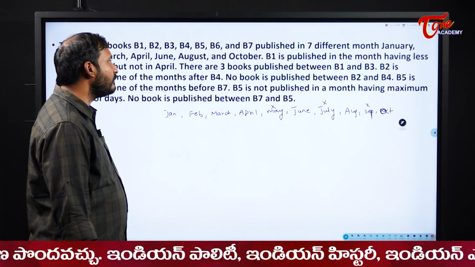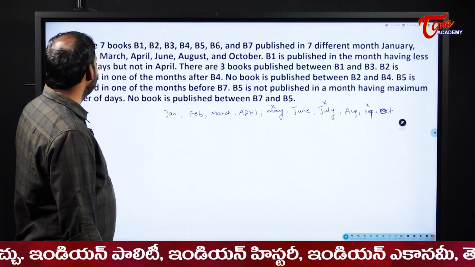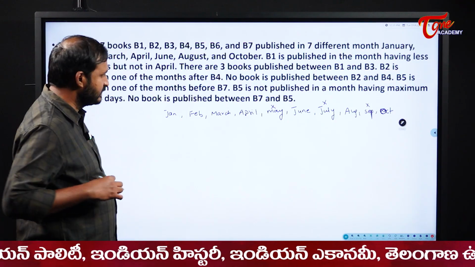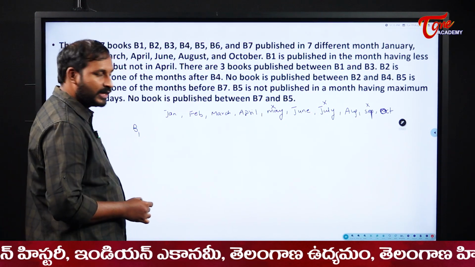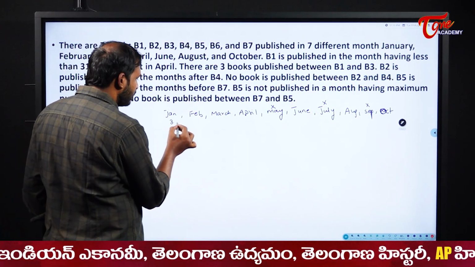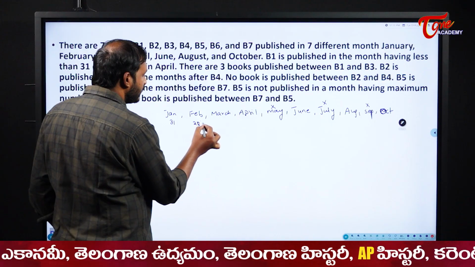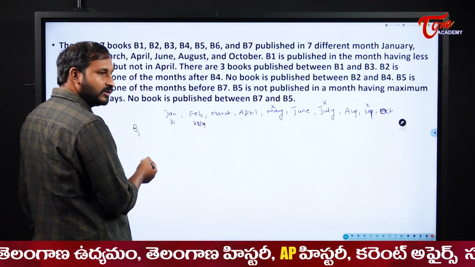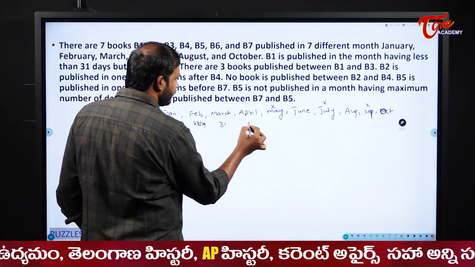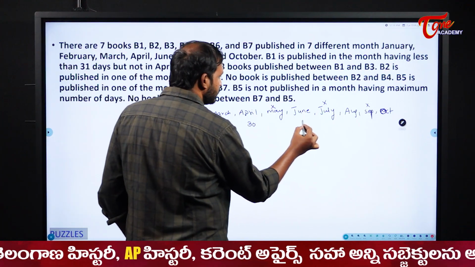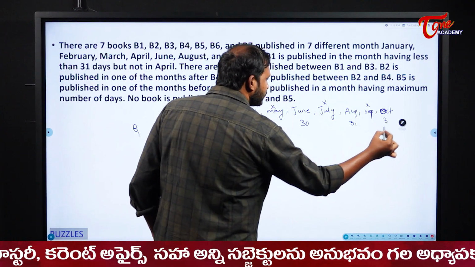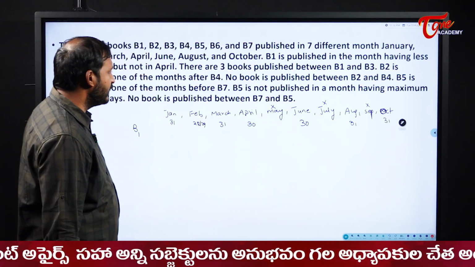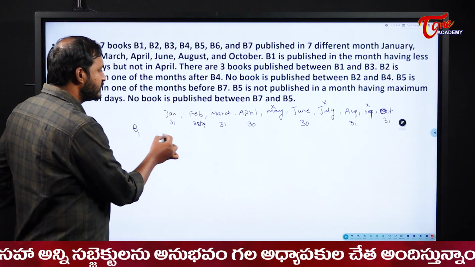Next. B1 is published in a month having less than 31 days. So let us try to write the days here for our students. 31, here it will be 28 or 29. We don't know exactly which year it is, so we cannot tell. 31, 30, 30, 31 and 31. So less than 31 days means what are the possibilities for B1, students?